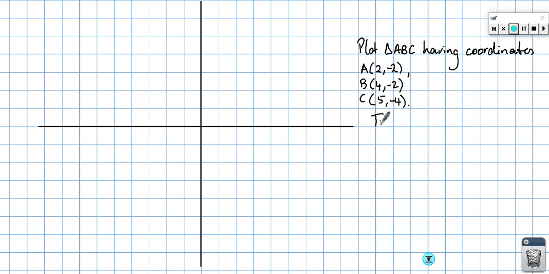Translate triangle ABC using the following vectors.